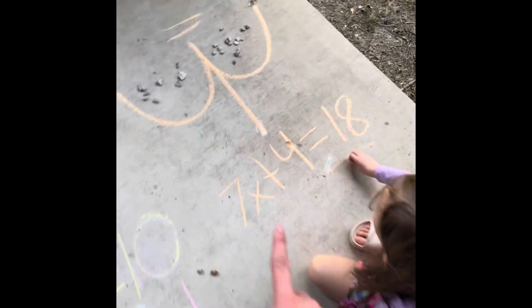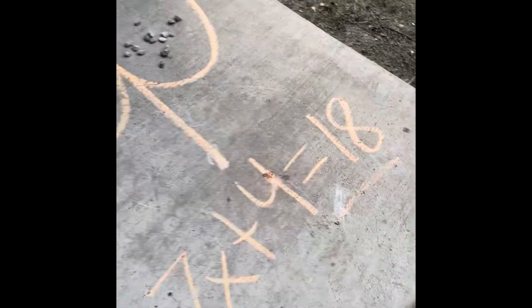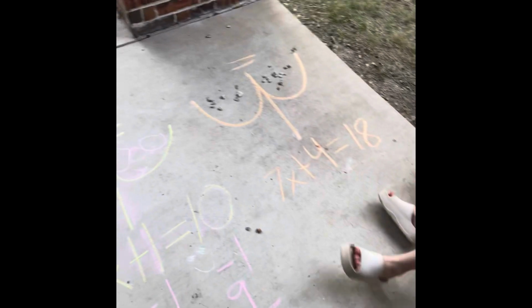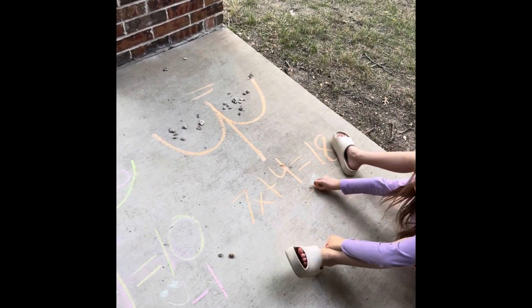So 7 times something, we're trying to find x, plus 4 will equal 18. So to do that, we're going to first minus 4 on each side. So do your minus 4 on each side.